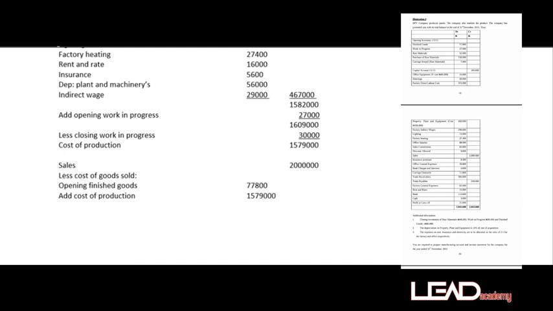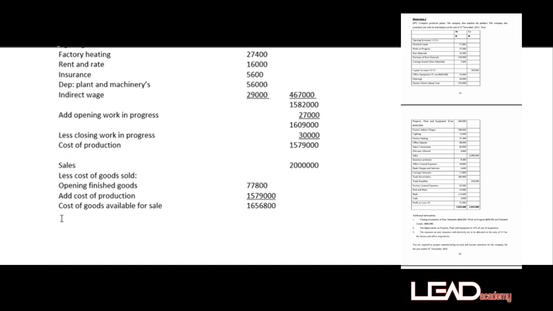When you add it up, you are going to have 1,656,800. The result you have here, which is 1,656,800, is your cost of goods available for sale.